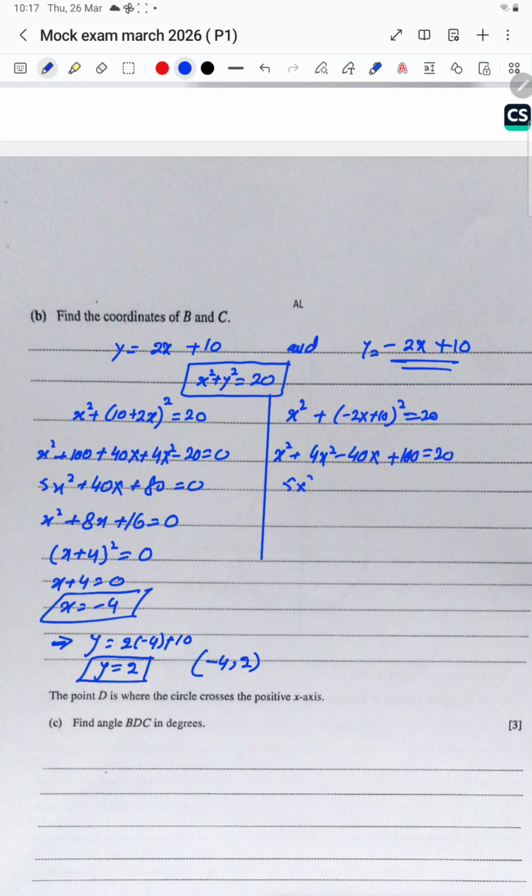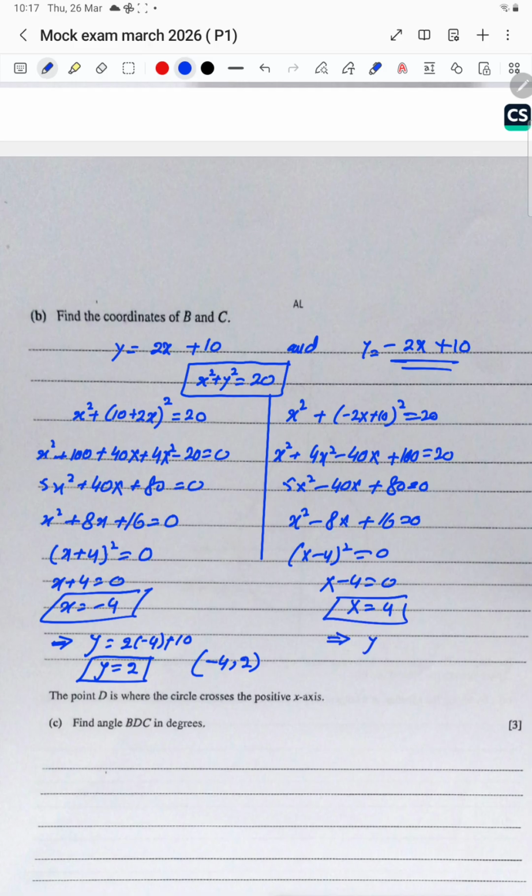I get 5x square minus 40x plus 80 equal to 0, divided by 5, x square minus 8x plus 16 equal to 0. So x minus 4 whole square equal to 0. So x minus 4 is 0, x will be 4, that is the positive side.